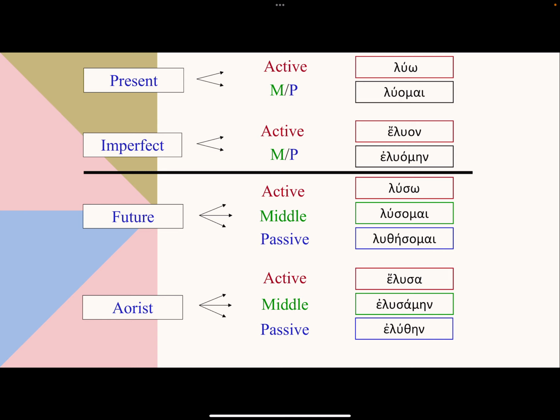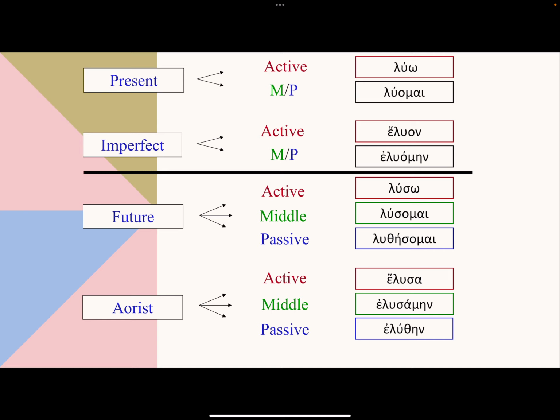The present and the imperfect tense, you might remember, were similar in that they both used what's known as the imperfective aspect. That is, they look at an action internally, or they're focusing on the continuation of an action. I am untying, or I was untying.